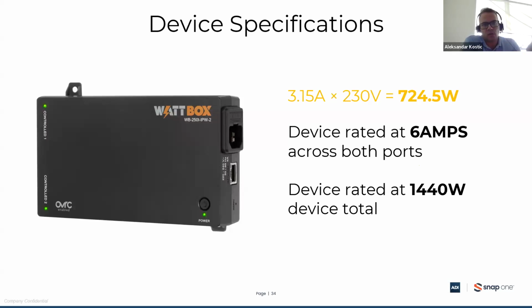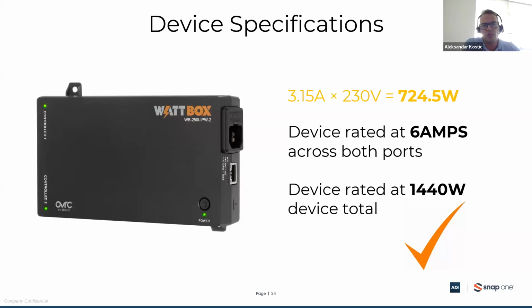Our 2-outlet WattBox, for example, works on 240 volts input voltage. On 6 amperes, it will provide about 1,440 watts. As 700 watts is lower than this, then definitely we can connect this type of device to our 2-outlet WattBox.